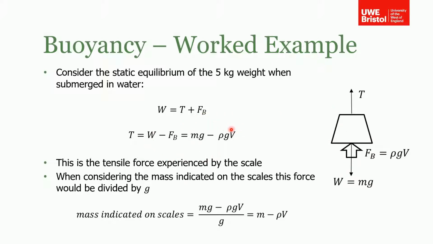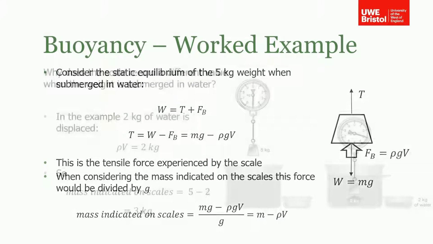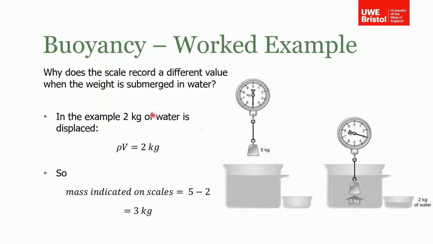So if we wanted to work out the mass on the scale, we can substitute in for W, mass times gravity, and for the buoyancy it's rho g V. And just to clarify that, as we said, the mass of water that we displace, the rho V, is the actual mass of water, which is 2 kilograms.